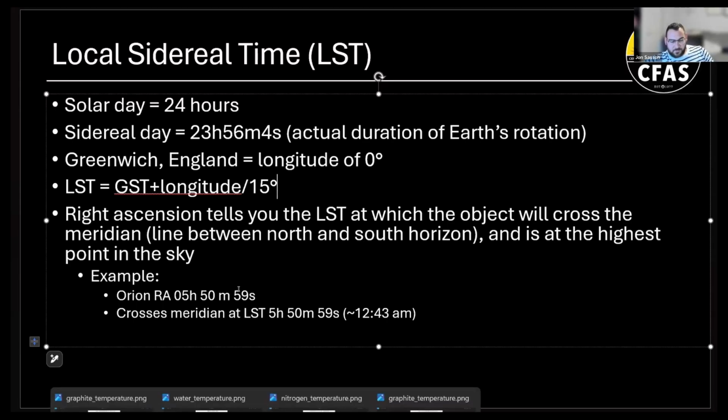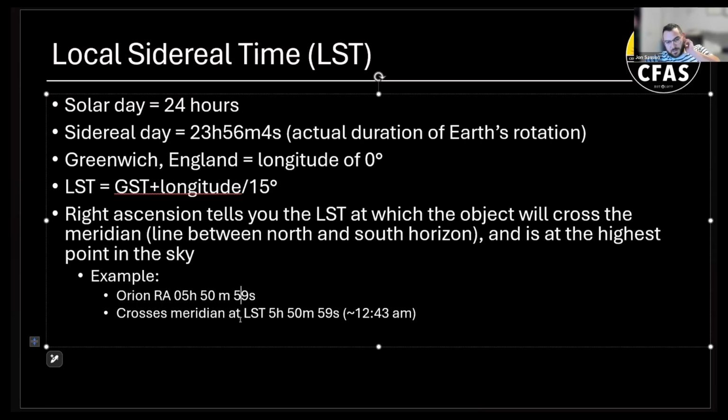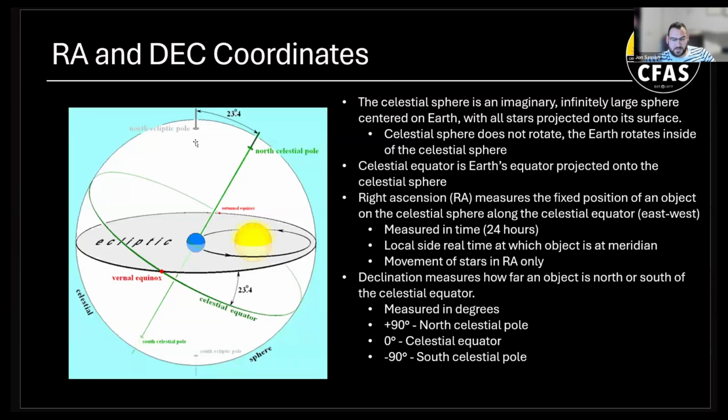And again, right ascension never changes for an object. It's always that, because it's basically the grid point of where in the sphere it is. So that will never change, even if it's moving throughout the night, because it's us that are moving on Earth, not the object on the celestial sphere. The right ascension is never changing, unlike the altitude and azimuth.